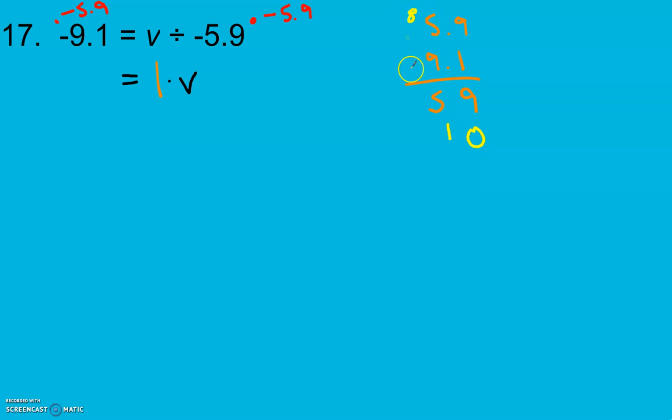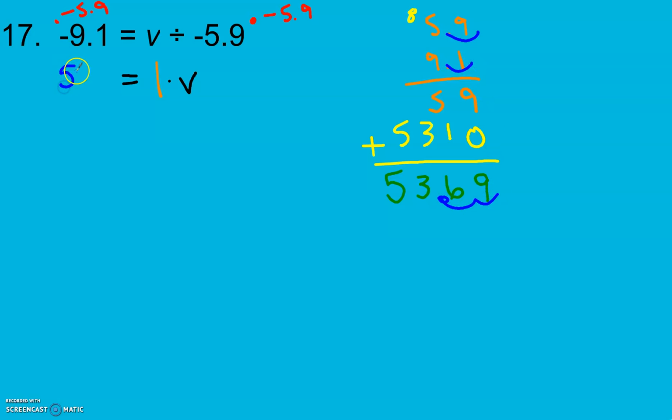Here I get 45 plus 8, which is 53. Now we go ahead and add. We check our decimals. 1, 2, so 1, 2. I get 53.69. And if we look, 2 negatives make a positive. So I get 53.69 equals v. And that's all I have for section 2.7.